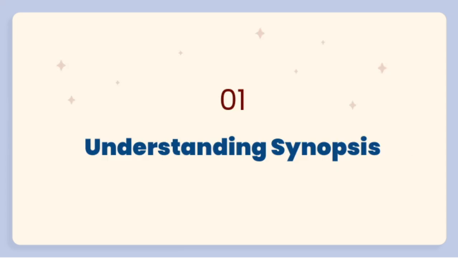Let's take a moment to understand what a synopsis really is. A synopsis is essentially a brief summary that captures the core of a story or a concept. It highlights the main points, the key characters, and the central theme, giving the audience a clear idea of what the content is about. When we talk about understanding a synopsis, we're focusing on grasping its purpose, to convey the essence of a larger work in a concise way.